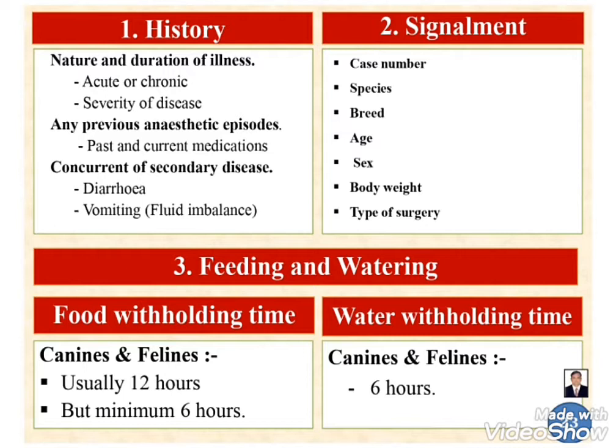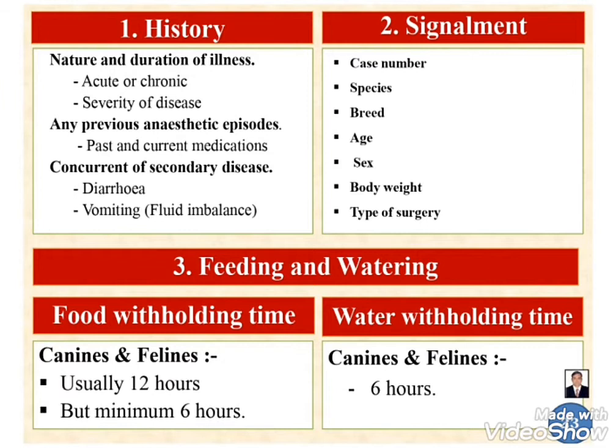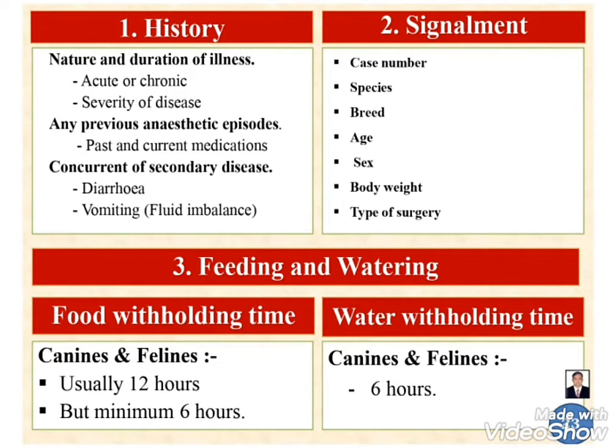The second one is the signalment. Signalment regarding the case records includes breed, age, sex, and such details about the animals, meaning detailed identification of the animals. Even the duration of the illness will be properly recorded, so it is not possible to accidentally administer anesthetic drugs to the wrong animals.